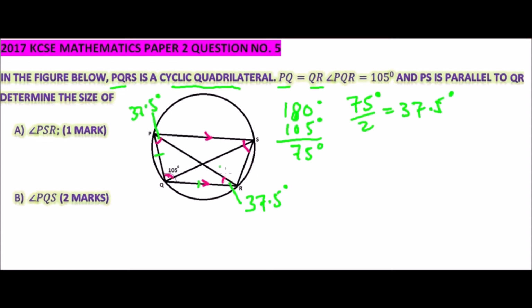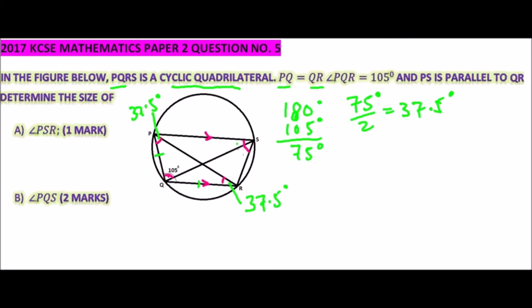Now we have those two angles. Now we have PQ, which is a chord, and it subtends angle PRQ and also PSQ. And we know the property that angles subtended by the same chord at the circumference are equal.